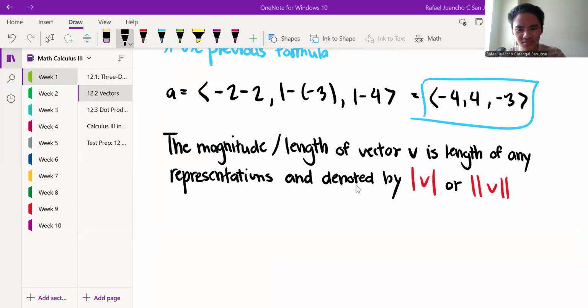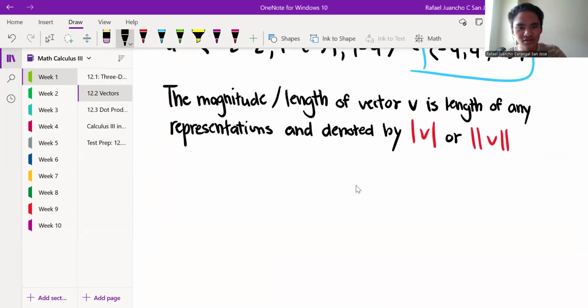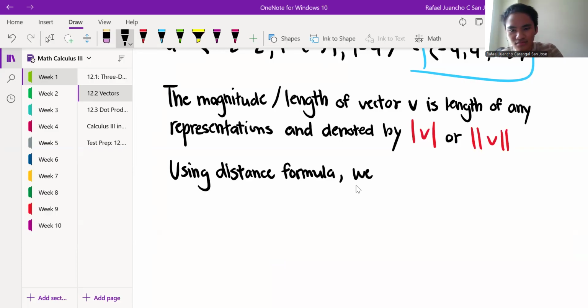So using the distance formula, we obtain these. These are the formulas, and that is in 2D.